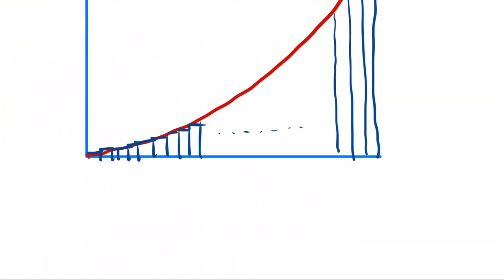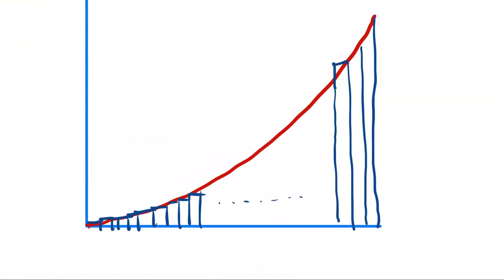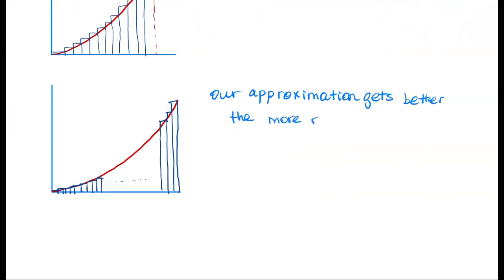So that means our approximation gets better the more rectangles we draw, because we have a smaller extra area. Right? So that's the idea behind the area under a curve.